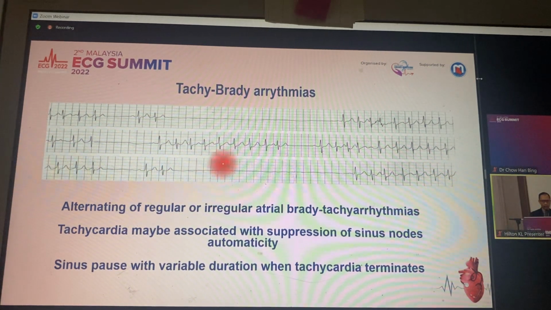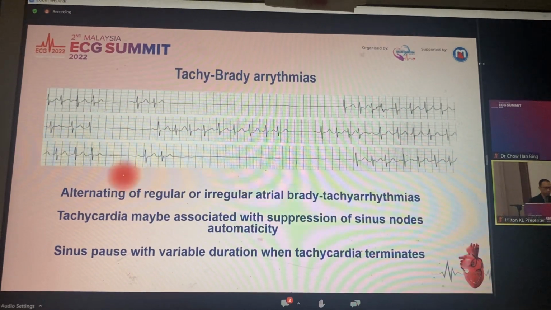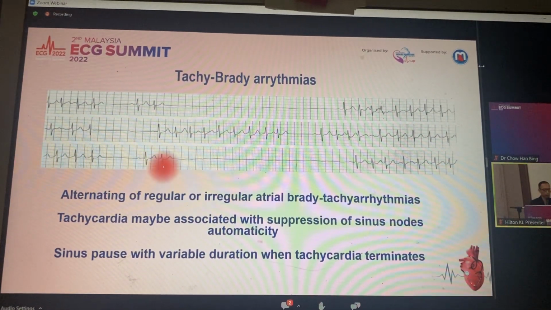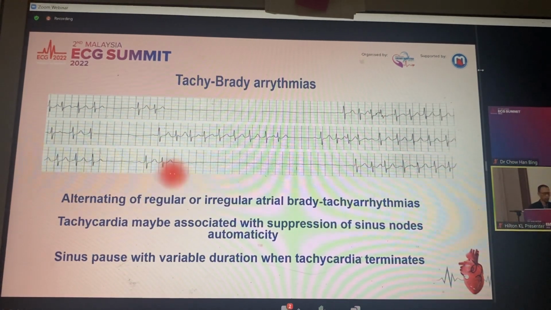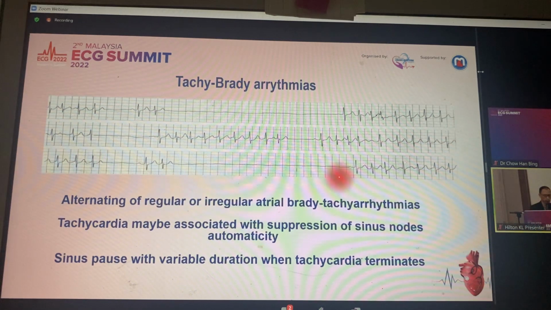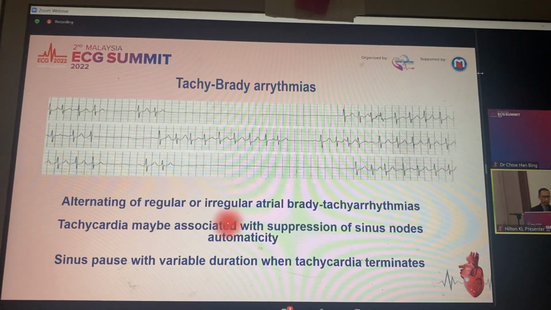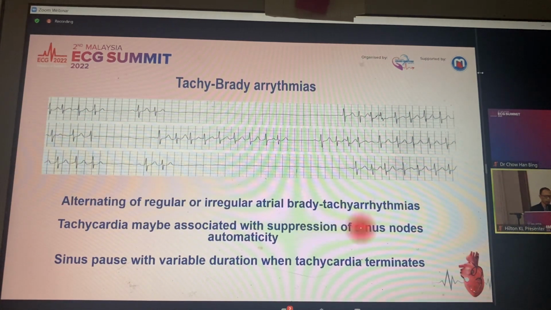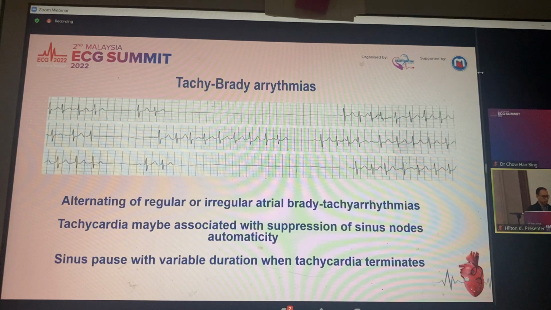If our SA node is severely diseased, after the burst of tachycardia, it might take a longer time to start the impulse again. When the tachycardia occurs, it can suppress the SA node automaticity, and the duration will vary based on our SA node disease.